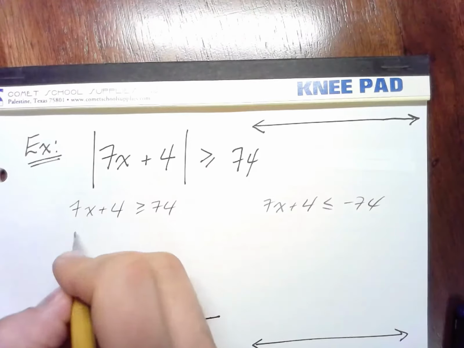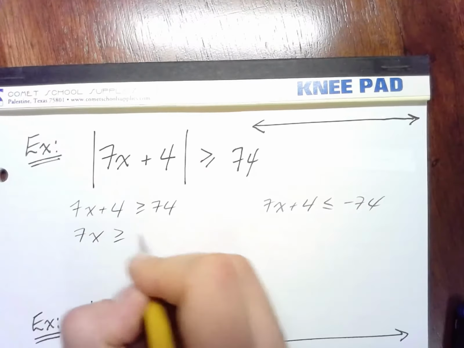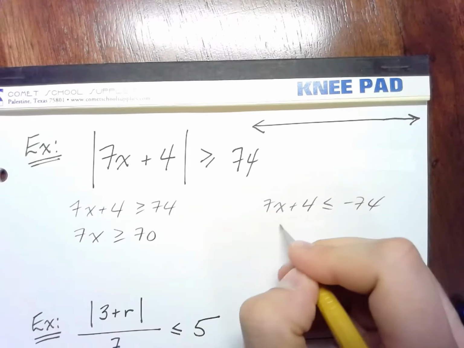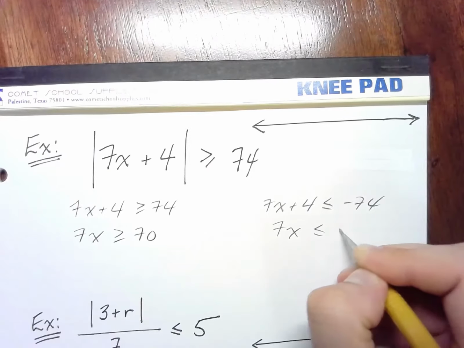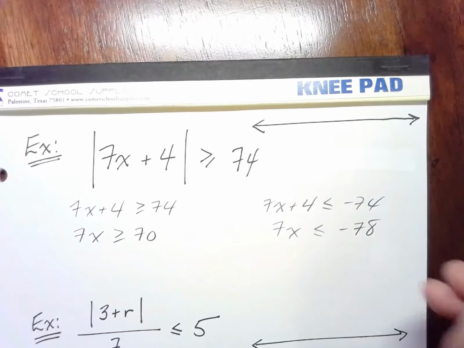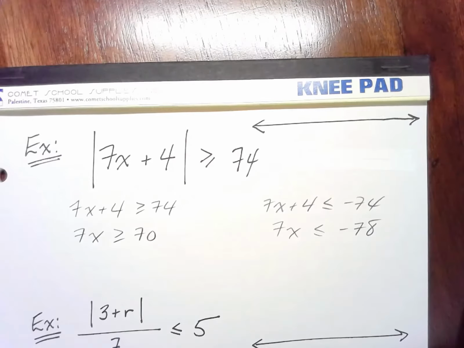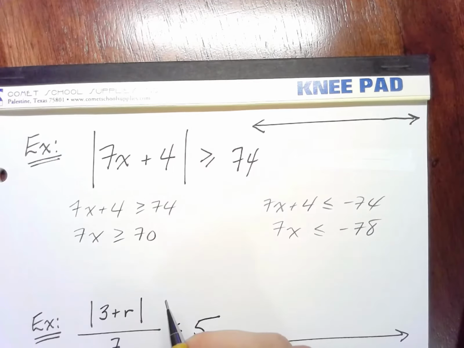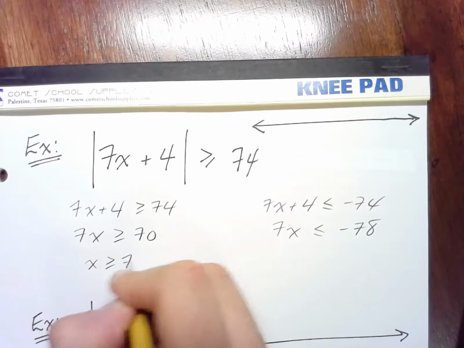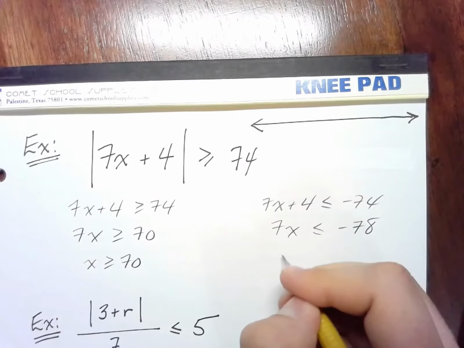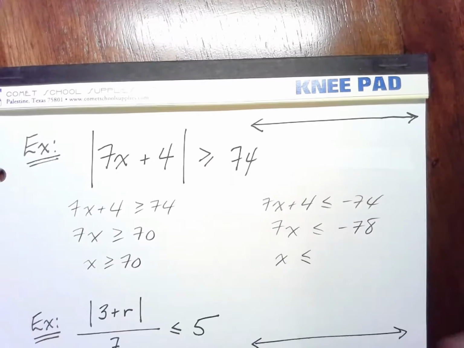So here I'm subtracting 4, and here I'm subtracting 4. Okay? And so then we're dividing by 7. And here I'm dividing by 7.